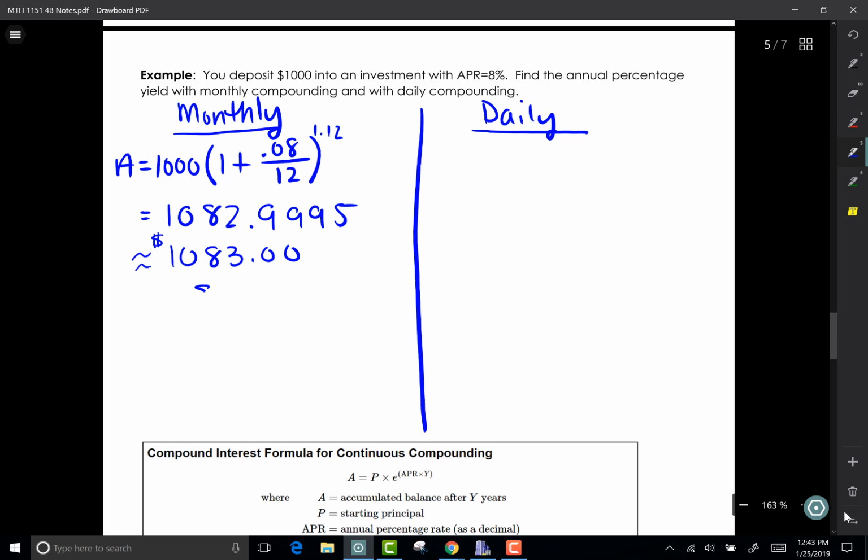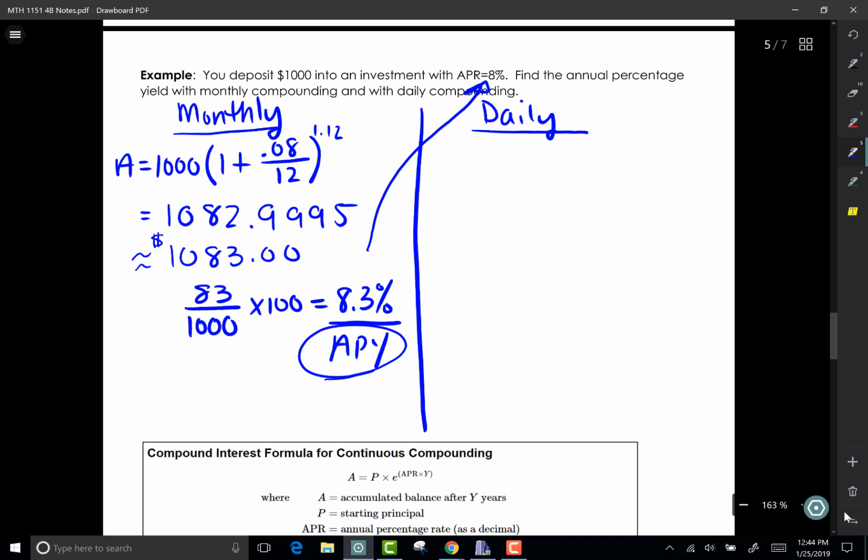So the interest would be 83, and then I divide that by my principal, which is 1,000, then multiply by 100, so I change it into percent form, and what I get is 8.3%. So here's where you can see the difference. This is my APY versus my APR, which is 8%.